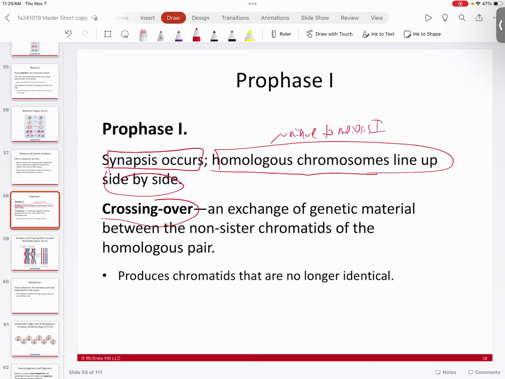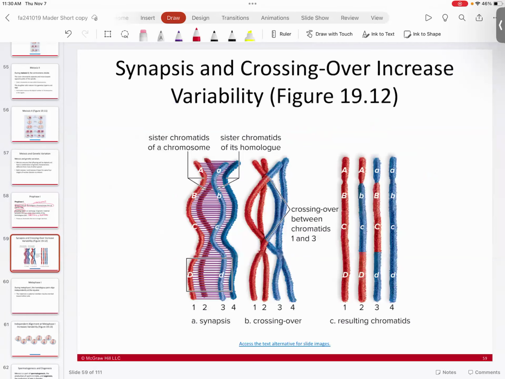Also unique to meiosis I is what's called crossing over. This is when two non-sister chromatids exchange genetic information, and so it creates a mixing up of DNA material. This is kind of what it looks like.